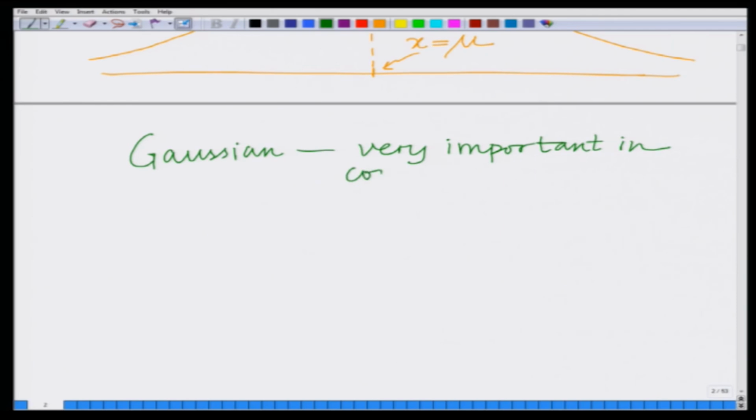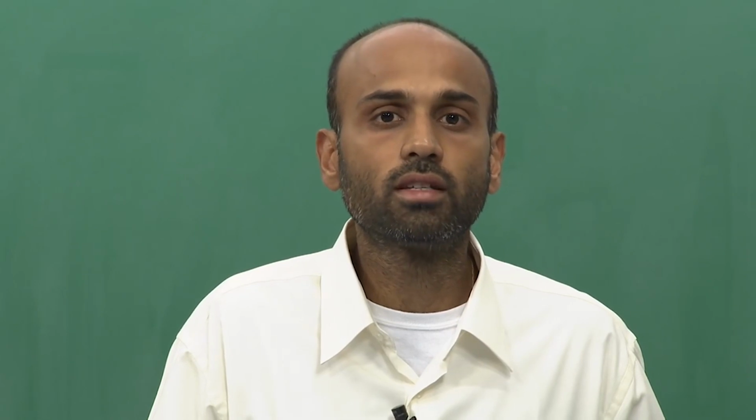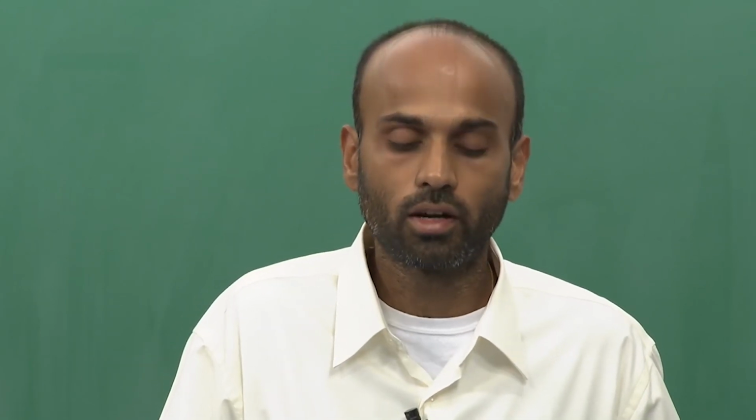The Gaussian probability density function is very important in the context of communication. For instance, all communication systems suffer from noise degradation, that is noise at the receiver, and very frequently the noise process at the receiver is modeled as a Gaussian random process. The noise in the communication system is modeled using the Gaussian probability density function.